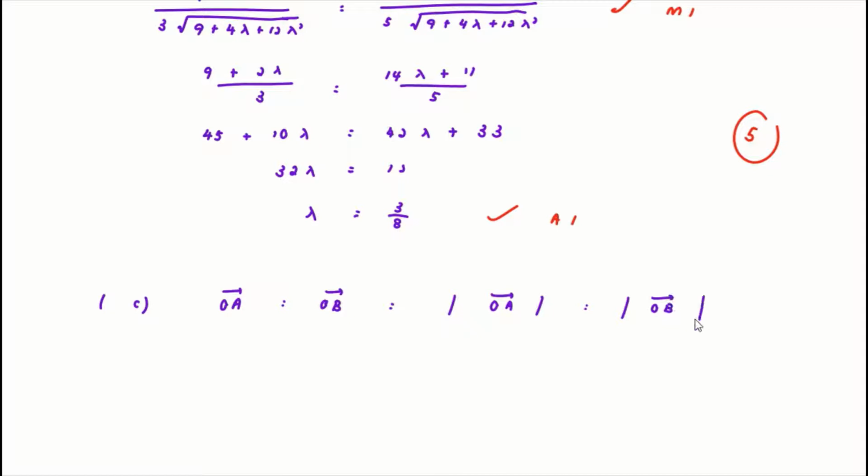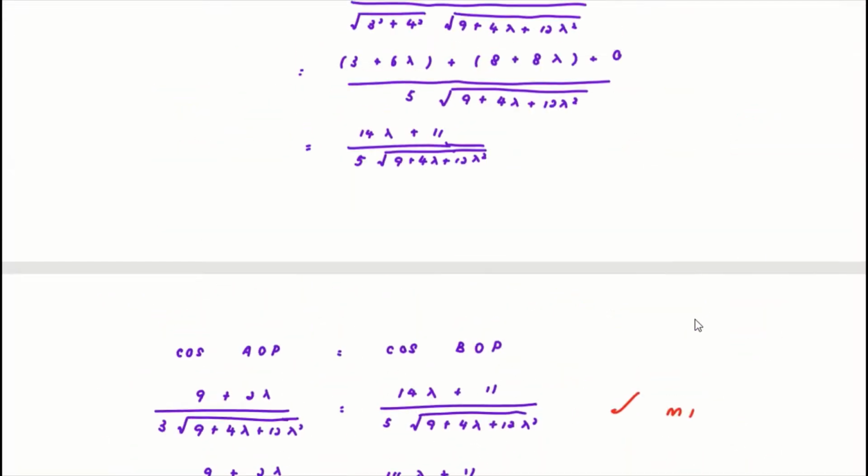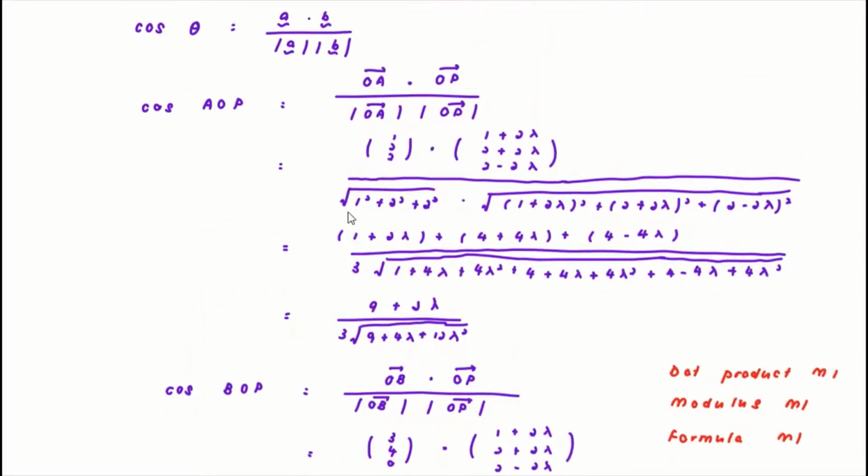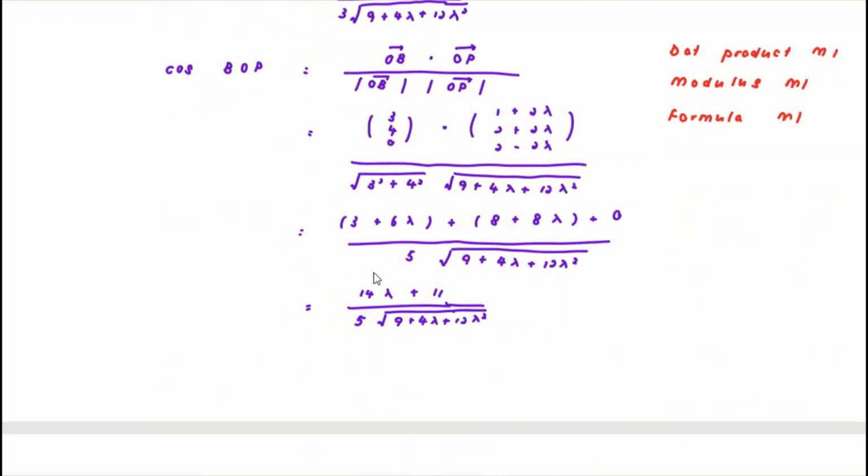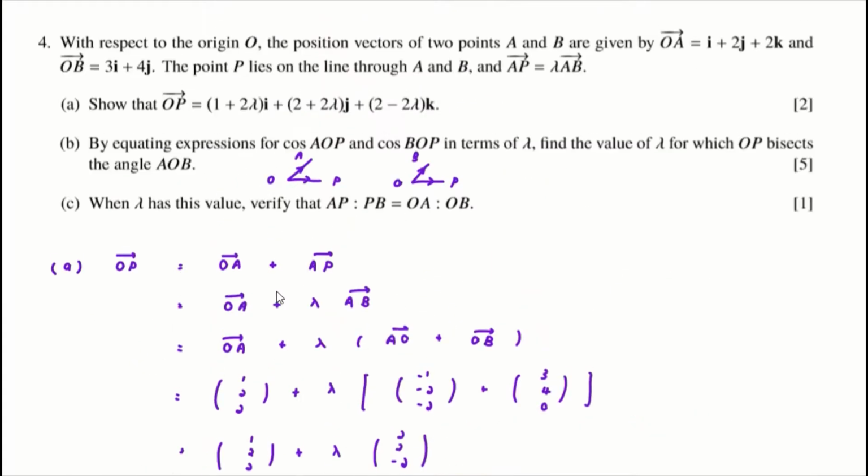So OA, we already know just now OA is 3, then OB is 5. So we need to prove that the other one is also equal to 3 to 5. The other one that's more complicated and needs a long equation is this one. So the thing is AP and BP.